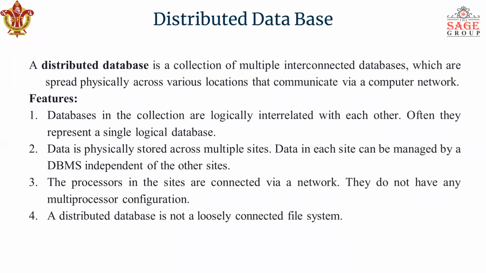Data is physically stored across multiple sites. Data in each site can be managed by the DBMS independent of the other sites. The processors in the sites are connected via a network. They do not have any multiprocessor configuration. And the last feature is that a distributed database is not a loosely connected file system.